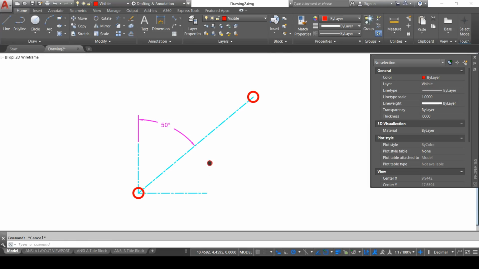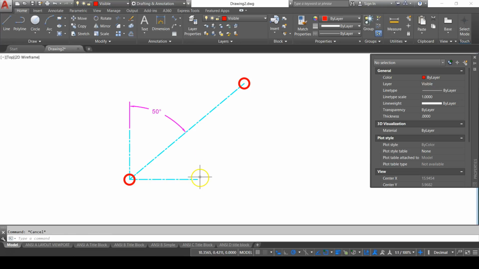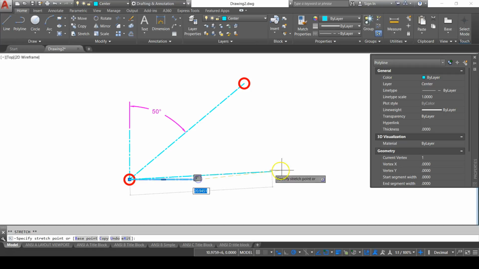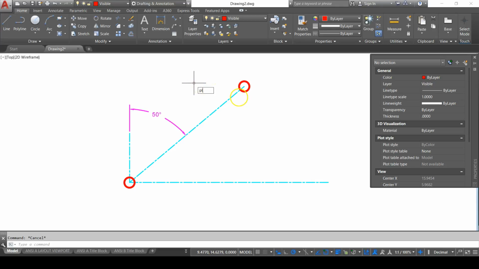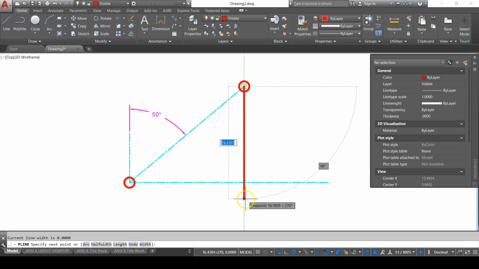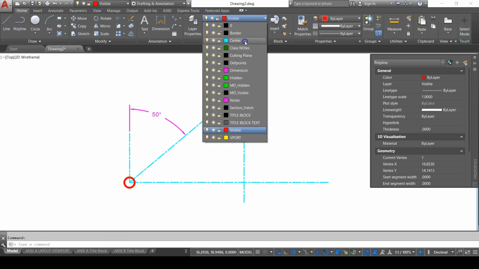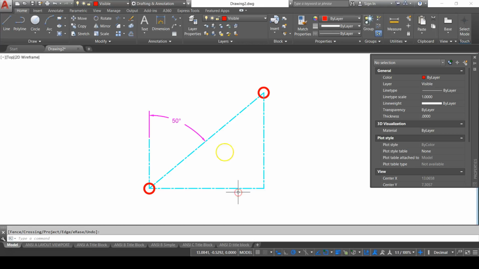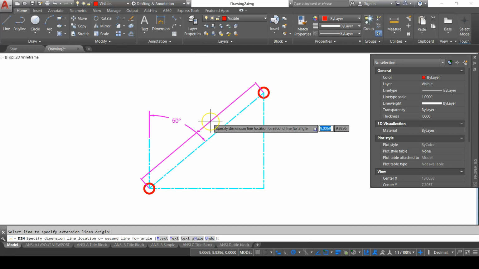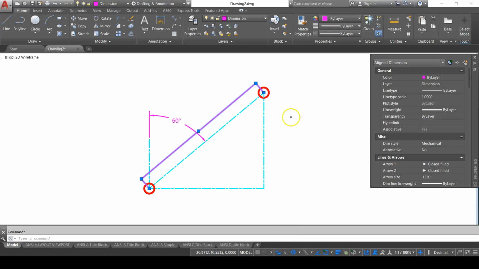All right. Next, what I'll do is I will draw this horizontal line a little longer, and then I'll do a vertical line here, and let me make that into a center line, just because. I can trim away the edges. And then let me also put in my dimension for this angled line.